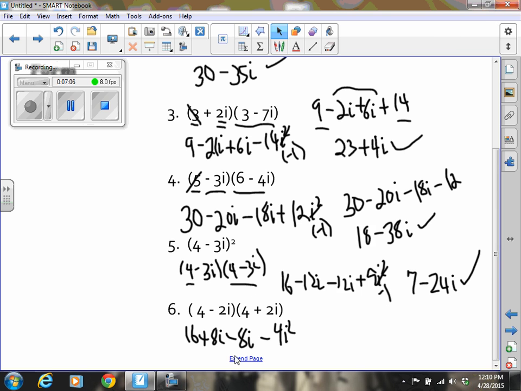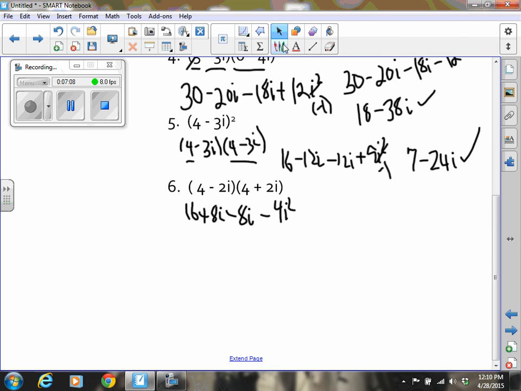I know i squared is equal to negative 1. That's actually going to make this be a positive 4. So that would give me 20. Then when I combine my imaginary terms, 8i minus 8i, those actually are inverses of each other, opposites of each other, so they cancel each other out, leaving me with 20.